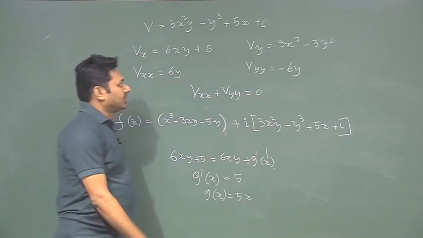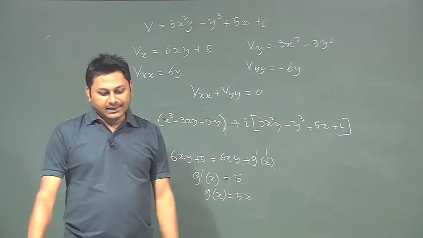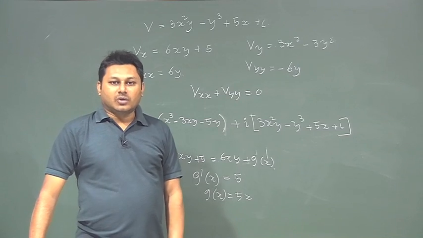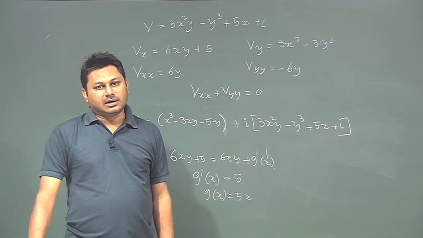So, v is also harmonic, just to show that whatever function is generated through this Cauchy-Riemann equation also follows the fact that they are harmonic to each other.